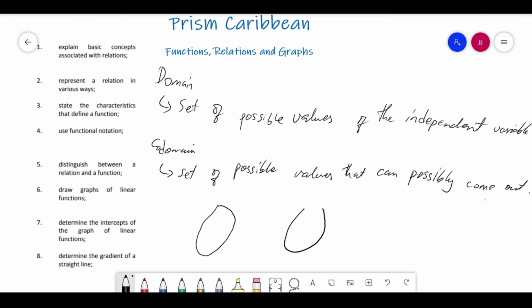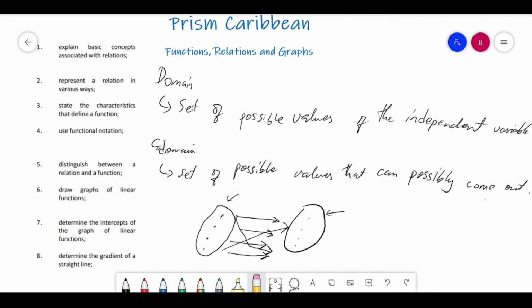And then we have a codomain, and then obviously they will be related somehow. So this here is a relation. And some relations may even look like this. So we have some numbers here and we have some numbers here, and they're related by some form of equation and stuff. So the domain is a set of possible values of the independent variable, and the codomain is a set of possible values that can come out as a result of some form of equation.